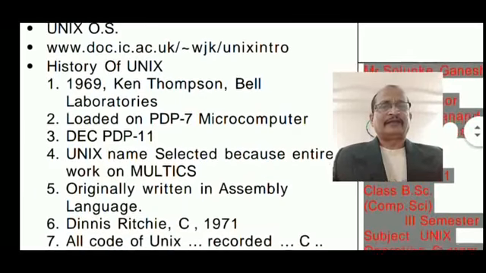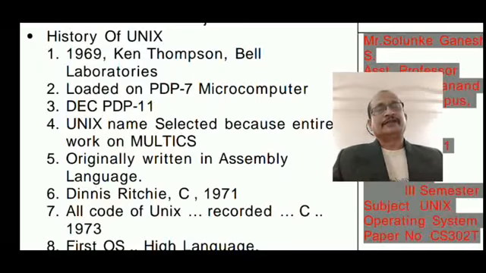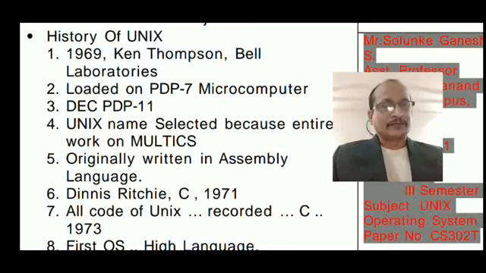You know that in 1971 the scientist Dennis Ritchie developed the C language. And you know that C is which type of language? It is a middle language. It means you can write programs in C at a high level as well as a low level, that is in assembly language too.